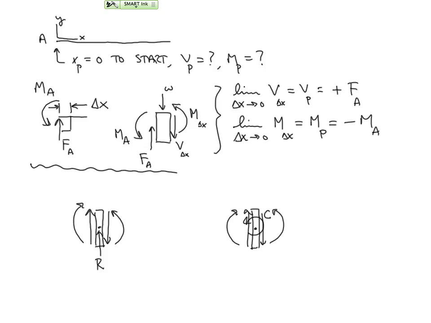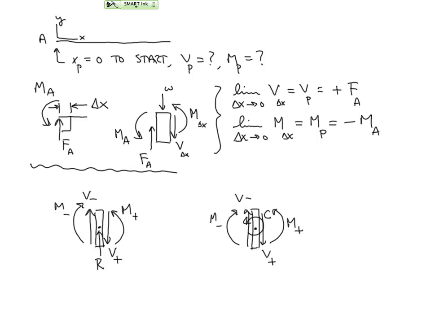Here we'll consider just a discrete load of R in the plus y direction in one case, and just a discrete couple of plus C in the z direction in the other case. Note that both of these discrete loads are represented in the positive coordinate directions.